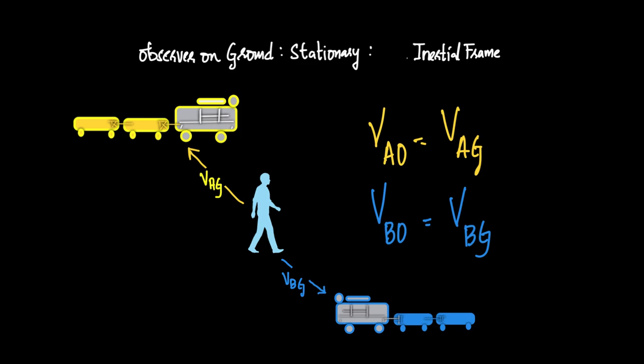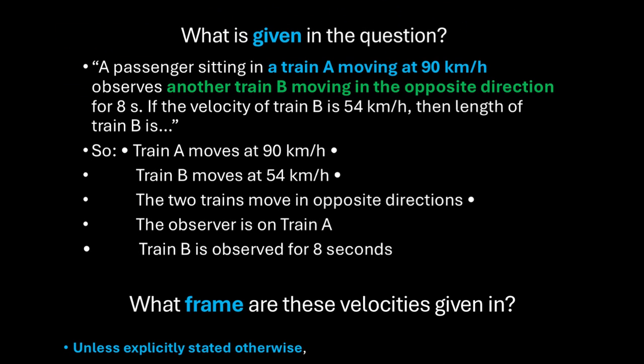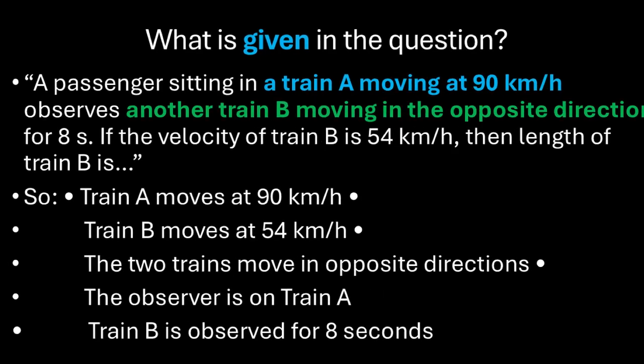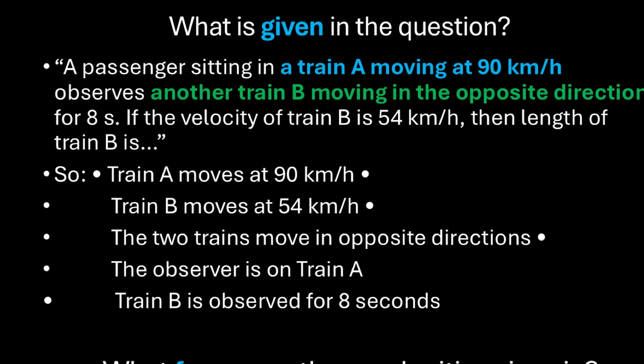Okay. Now, let us try to revisit this. What is given in the question? A passenger sitting in a train moving at 90 km per hour observes another train B moving in the opposite direction. So these two things are important, 90 km per hour and opposite direction. So train A is moving at 90 km per hour.